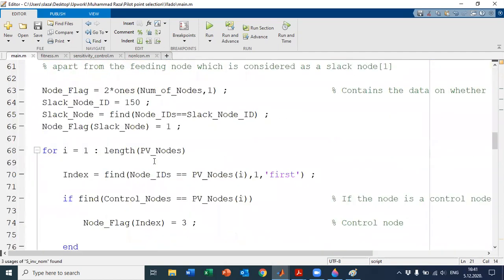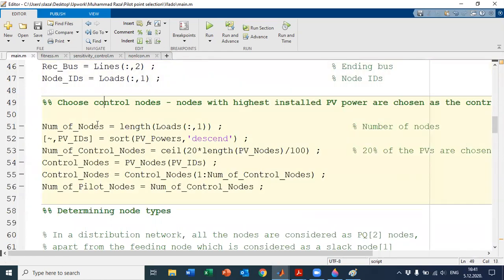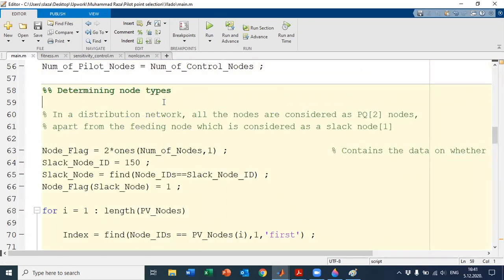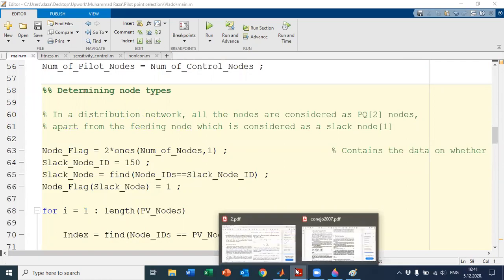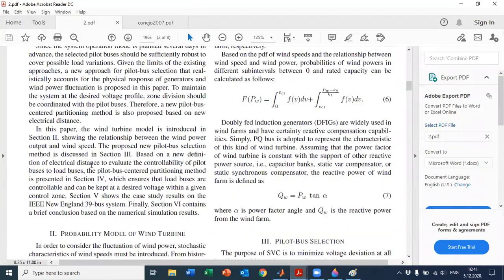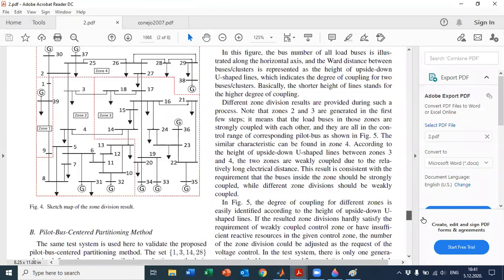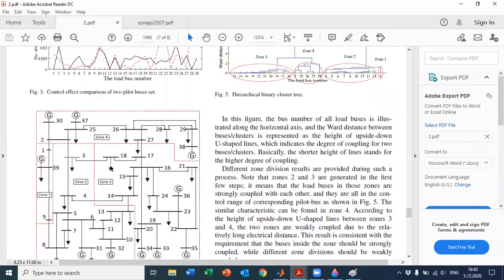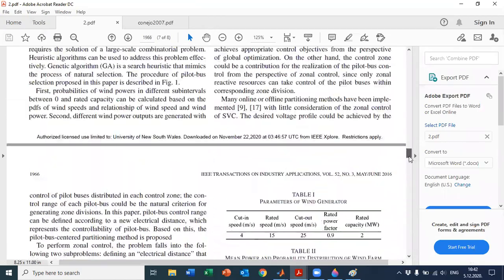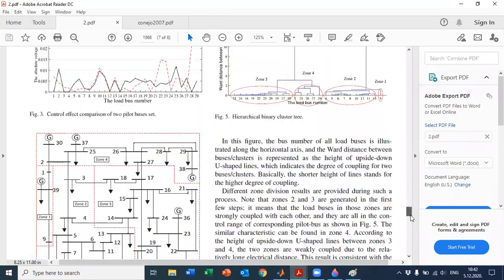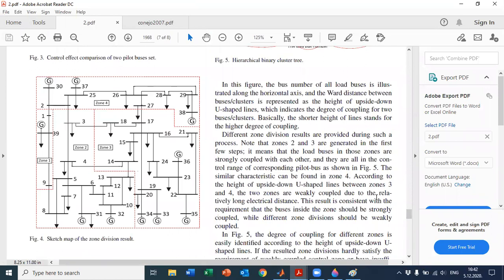Basically, the important thing to notice here is that we are determining the node types. In the paper, they were using a system which has large generators, which have a wide range of reactive power operation. So they had PV nodes, meaning that these nodes have constant voltage.